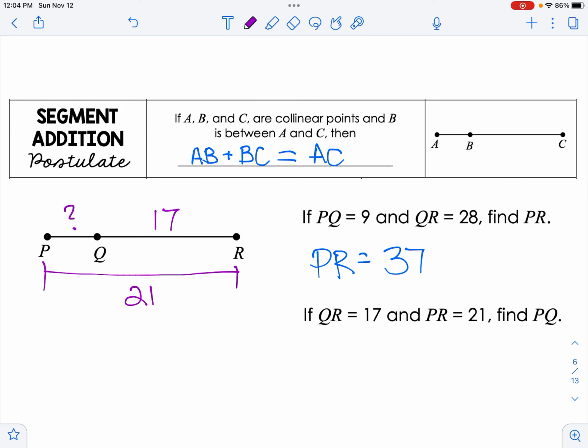Well, PQ is unknown plus 17. That should give me 21. So that means 4. And you could do that in your head. So PQ, subtract 17 from both sides, and you should get 4. Hopefully that makes sense to you.